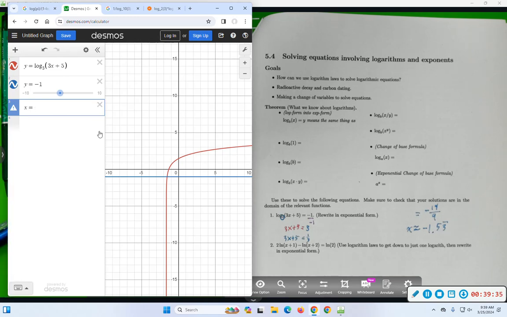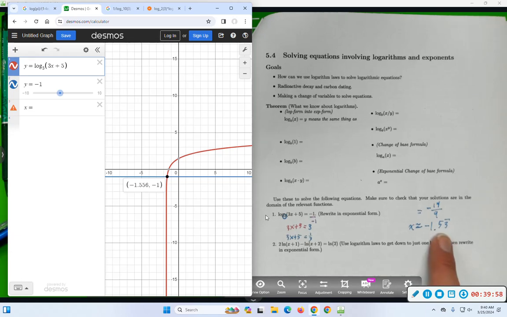Let's check by looking at a graph. So it looks like there's a single place where y equals this function and y equals negative 1 cross. Does that agree with what we found? Yeah, that maybe makes me doubt this decimal approximation because it disagrees with that one. That's what I got in my calculator.